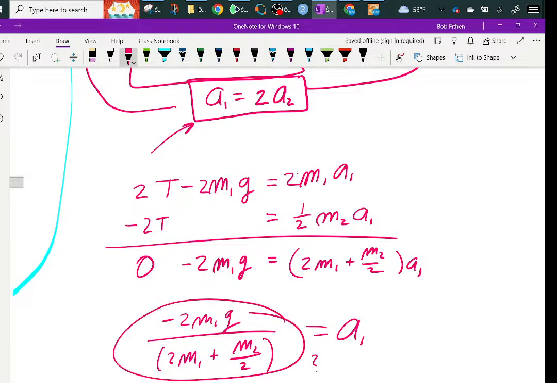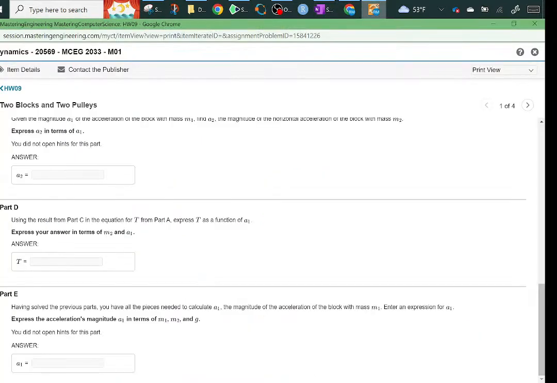I don't know. But that's A1 as a function of M1, M2, and G. Okay. Oh, there we go. A1 in terms of M1, M2, and G. I'm going to look at the solution view last and see what he would like.